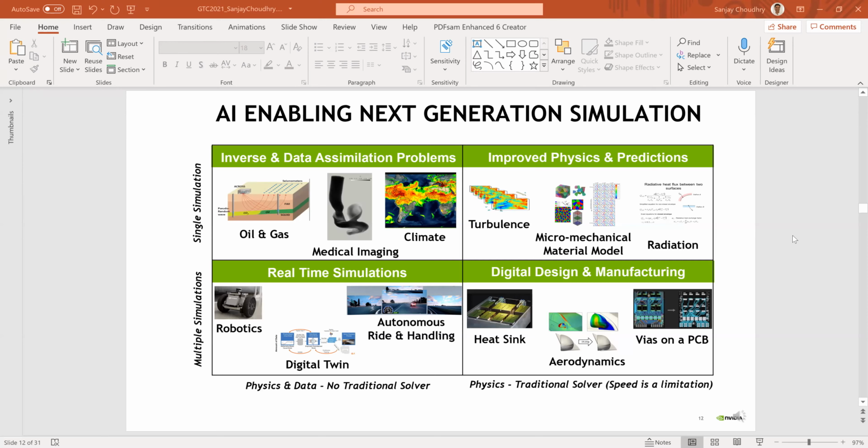And real-time simulations are the biggest bang for the neural network, where whether you have digital twin or robotics or autonomous driving, you have instant decision required based on certain data coming in. And neural networks have the ability to do that, whereas the traditional simulations, one can't even think of applying in these kind of areas.